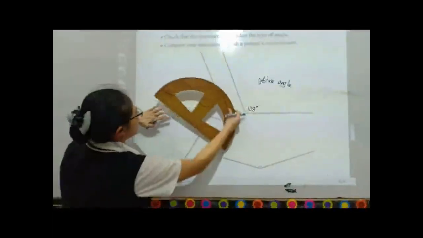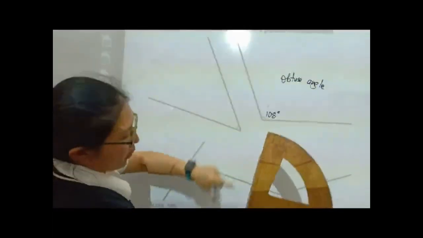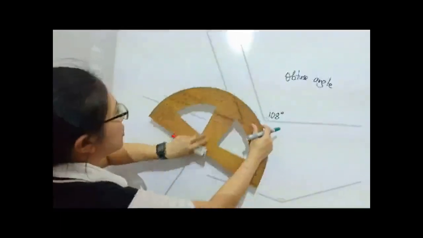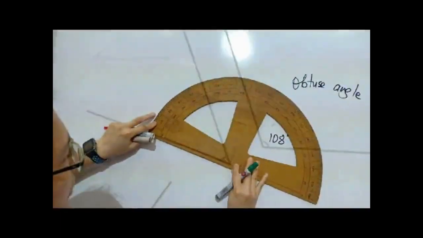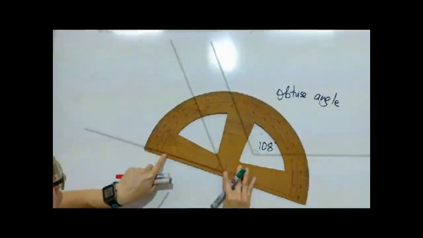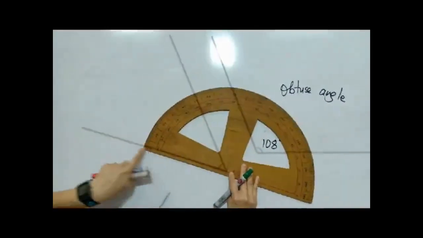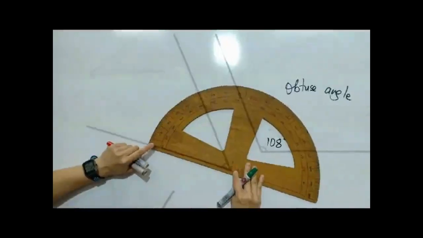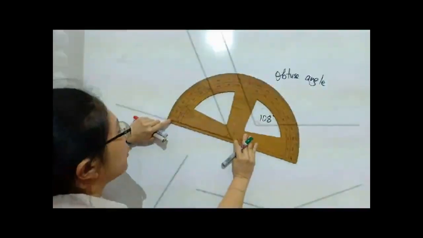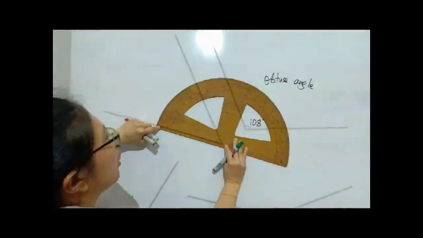Right. If you want to measure this angle, I'm going to make this point here in the middle. I'm placing it like this. Make sure the line here is straight. You see, when I measure it this way, the zero starts from the outer scale. So you're going to read the outer scale, not the inner one.